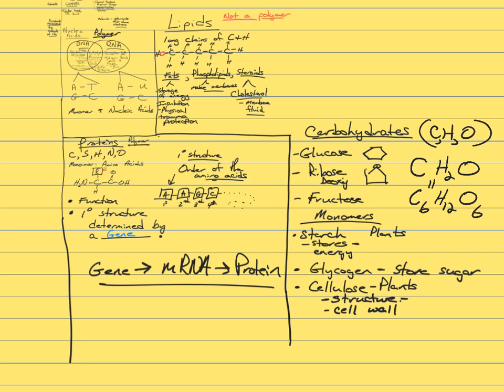So this is why glucose is C6H12O6. If you have C3, then you have C3H6O3. Because of 1 to 2 to 1. It's a 1 to 2 to 1 ratio. That's just to help you identify this stuff.